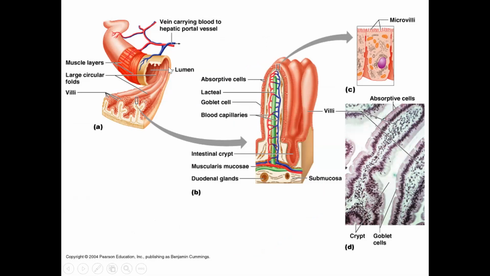I was thinking I could give you an example for this structure. If you have a fuzzy sweater, on your sleeve you can see this fuzzy surface. Let's say those are the columnar cells with microvilli.